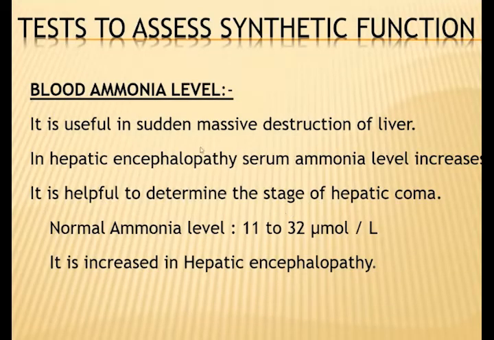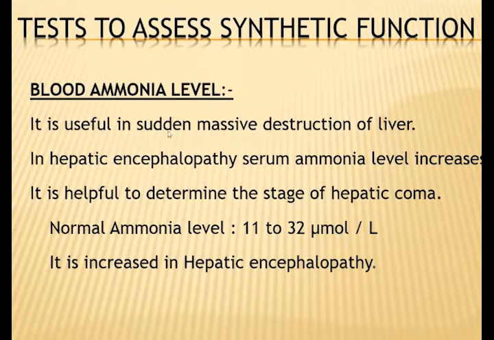Then, it is very essential to throw away the ammonia from the body. If ammonia stays back in the body, it is very toxic. So ammonia has to be converted into urea and excreted from the body through urine.